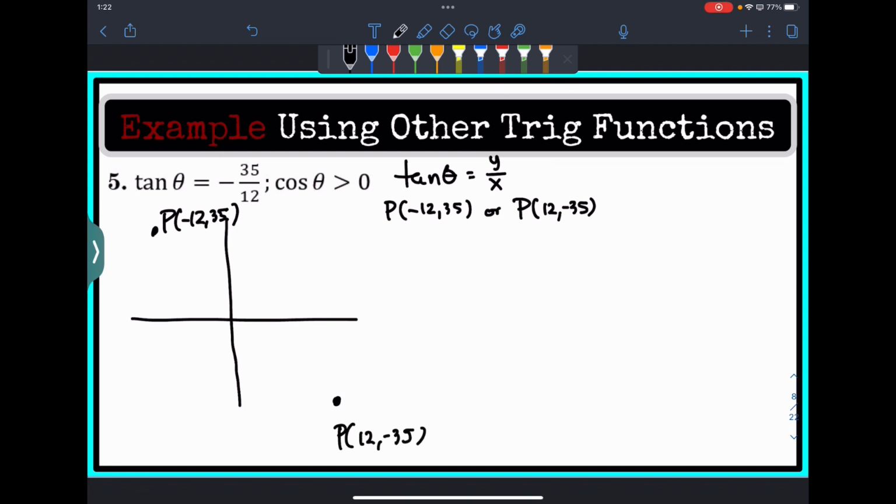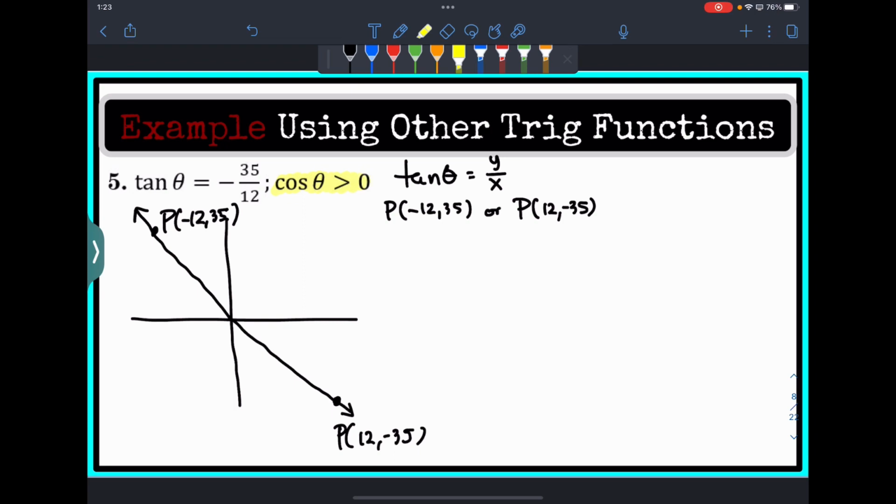So that means that our terminal side could be here or it could be there. Okay? Well, in this situation, before I decide which one it is, I would use my Pythagorean theorem to figure it out. Let's figure out which of the two terminal sides is actually the correct one.